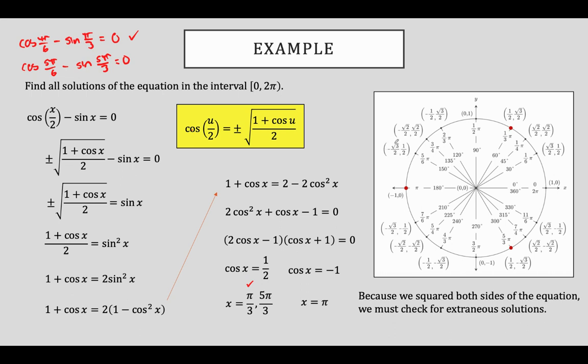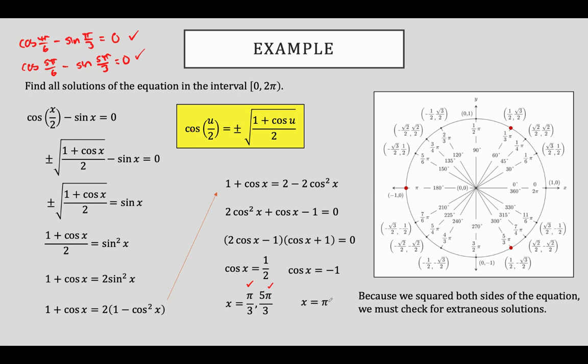The cosine is negative root 3 over 2 minus the sine of 5 pi over 3. Here's 5 pi over 3. The sine of 5 pi over 3 is a negative root 3 over 2. I've got a negative root 3 over 2 minus a negative root 3 over 2. We add those together and we get 0, right? Subtracting a negative turns into addition. 5 pi over 3 also checks out.